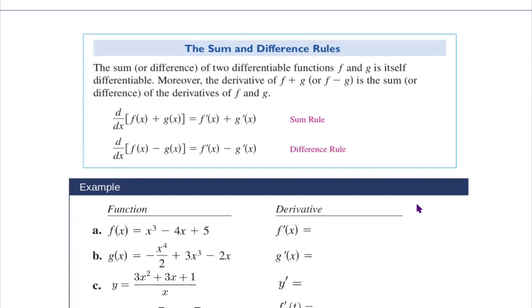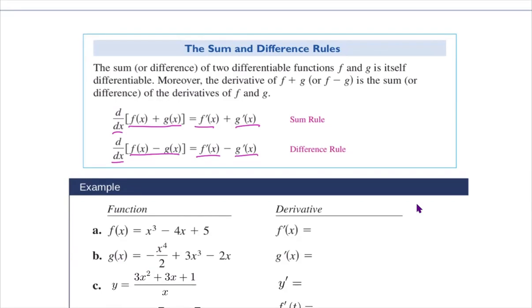The derivative of f plus g with respect to x is f prime plus g prime, and the derivative of f minus g with respect to x is f prime minus g prime.